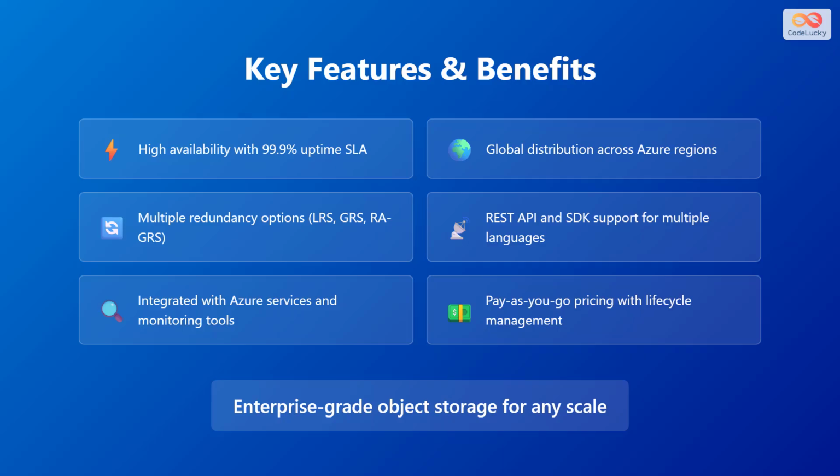The service provides REST API and SDK support for multiple programming languages, making integration straightforward. It's fully integrated with other Azure services and monitoring tools for seamless cloud operations. The pay-as-you-go pricing model, combined with lifecycle management, helps you optimize costs automatically. In summary, Azure Blob Storage is enterprise-grade object storage that scales to meet any requirement.